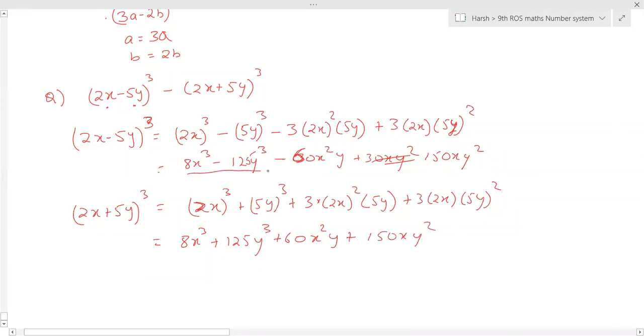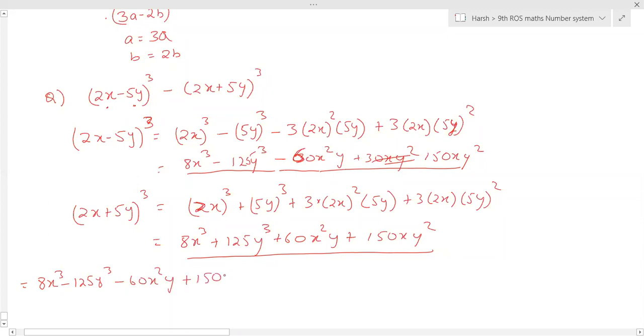So you got two. This is first and this is second. Now what you have to do is subtract it. So we can write 8x cube minus 125y cube minus 60x square y plus 150xy square. Now this is a negative sign, so all the signs will change.